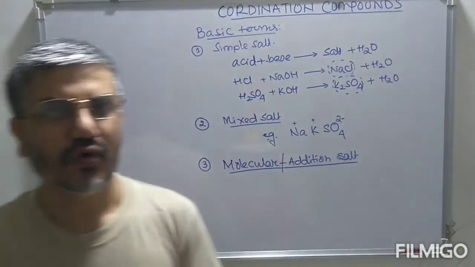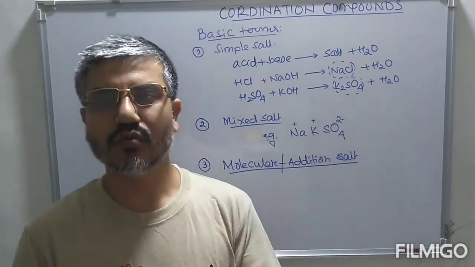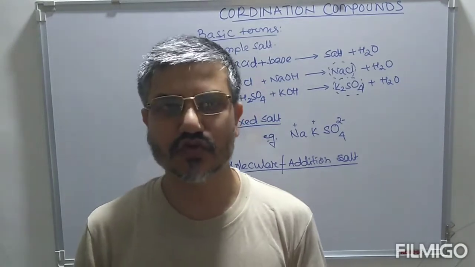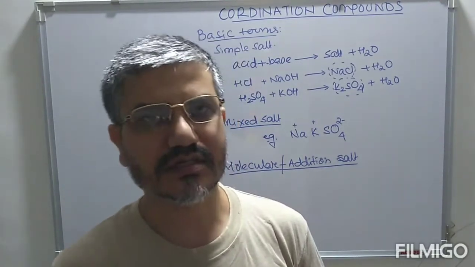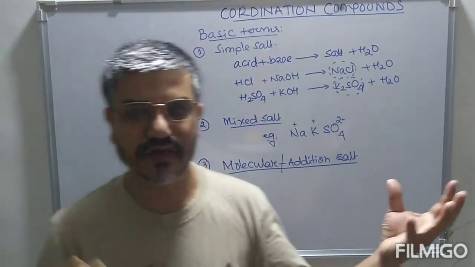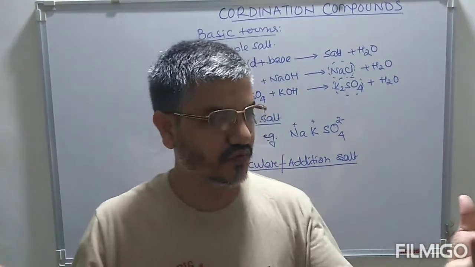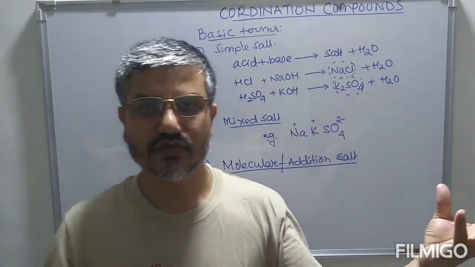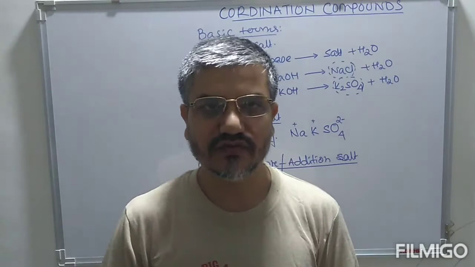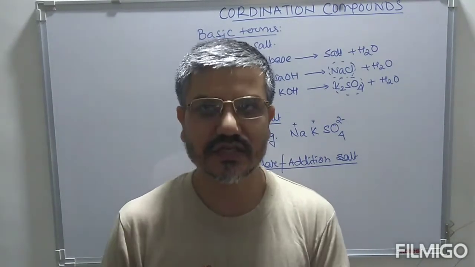Now, when two or more aqueous solutions of salts are allowed to evaporate, suppose we have salt 1 and salt 2, two different types of salt, these are mixed together and allowed to evaporate until crystals are obtained.